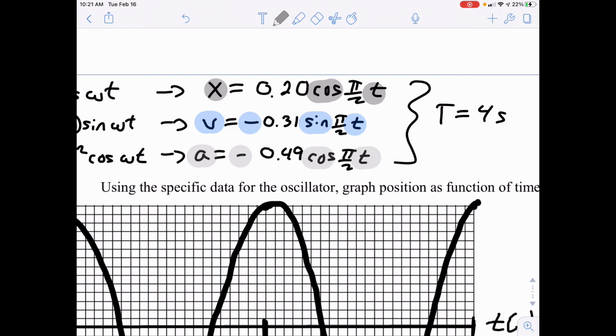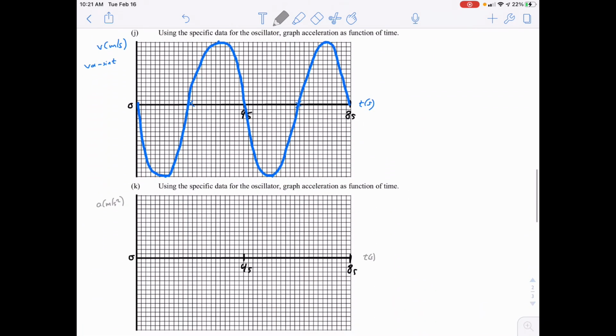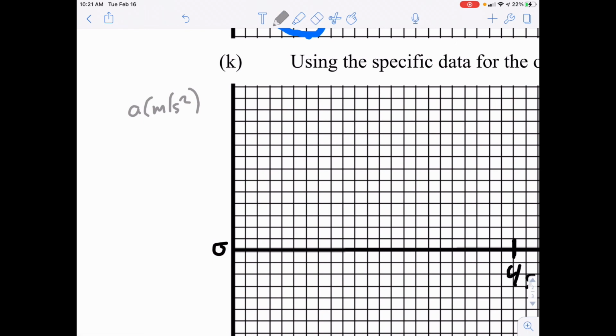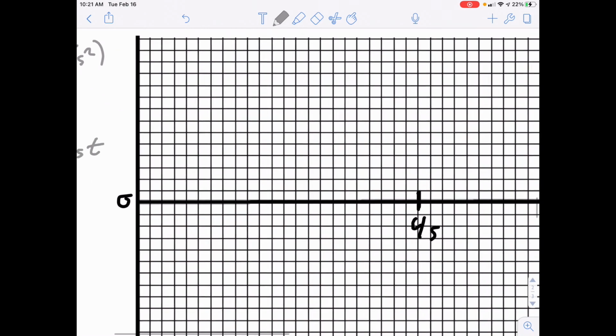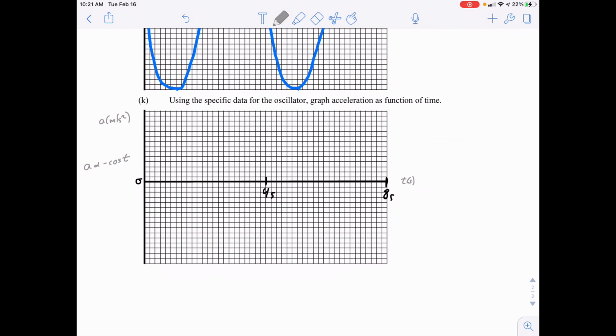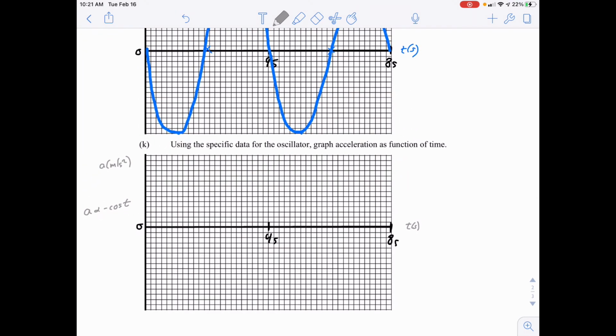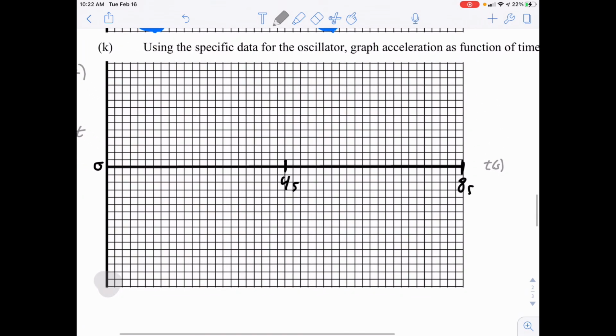So acceleration is proportional to negative cosine of t. Okay, so what does that mean? We have positive cosine that starts here, negative cosine starts at the negative amplitude and goes up. Okay, it needs to repeat every 4 seconds.